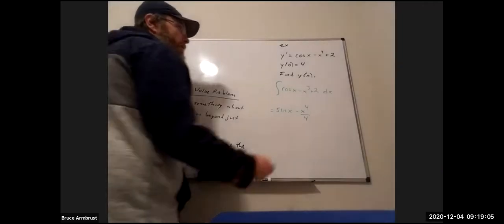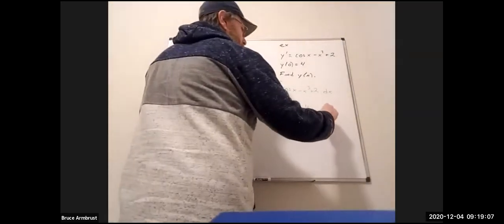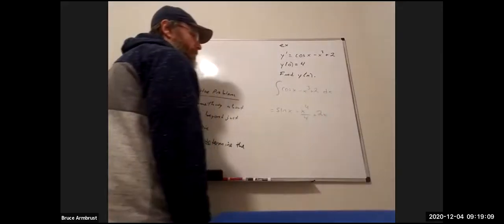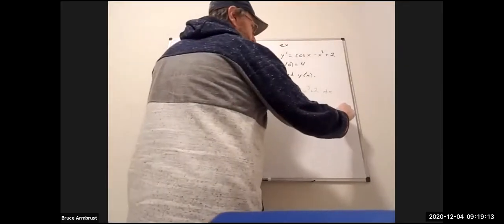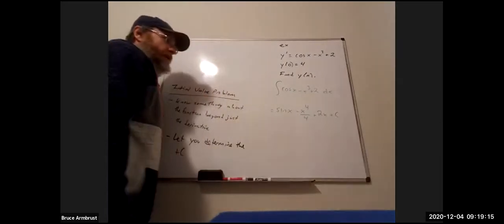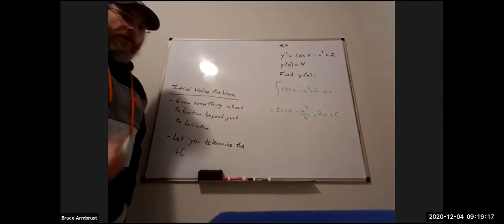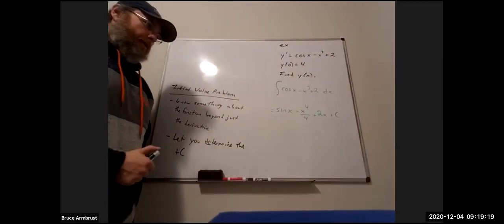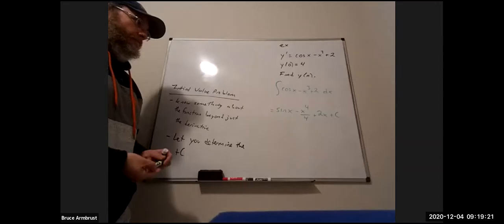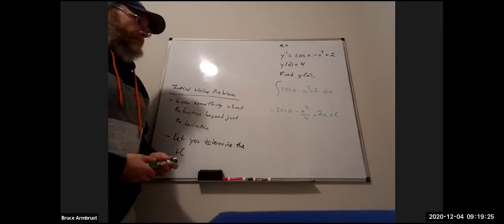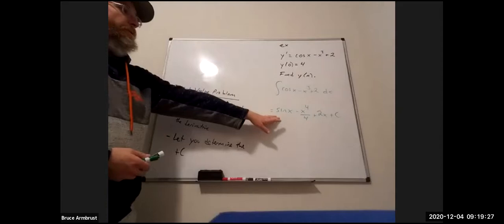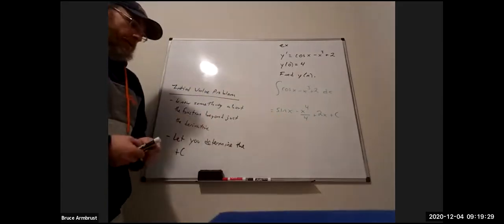The 2 is going to give us a 2x. And then, of course, there's the plus c. We always put the plus c at the end. All right, so this is where we would get without the initial value.